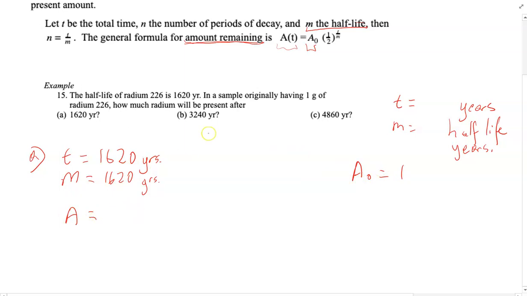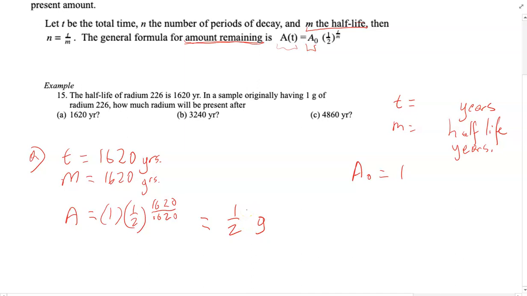So if we plug this in, we want to find A. A equals A sub 0, which is 1, times 1/2 raised to the t over m, and that's 1620 over 1620. And so your answer will be 1/2 gram.